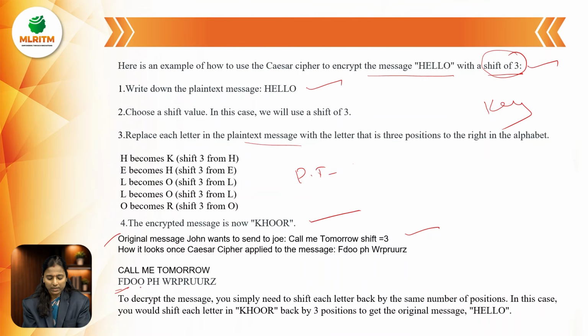The Caesar cipher applied to call me tomorrow gives the cipher text FDOOPHWRPRUURZ. Why? Because the letters are shifted 1, 2, 3.